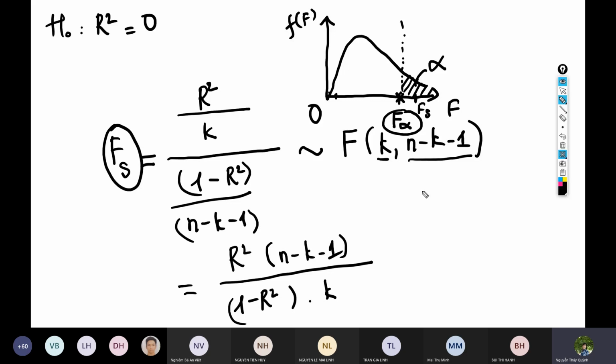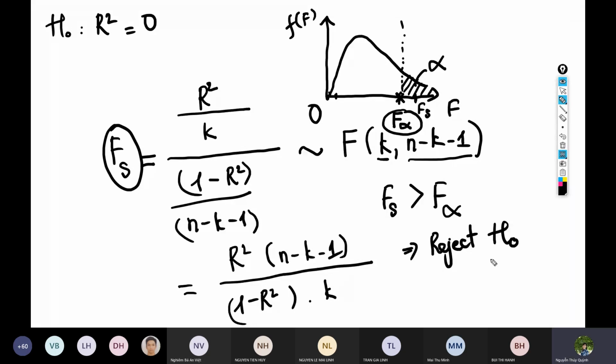If F is greater than the critical value F alpha, the observed value of F is different enough from 0 so that we can reject the null hypothesis.